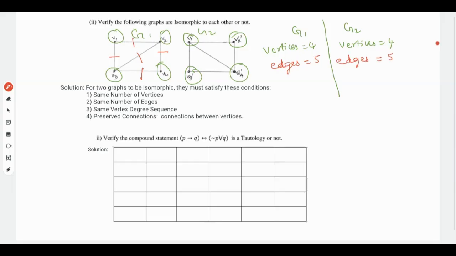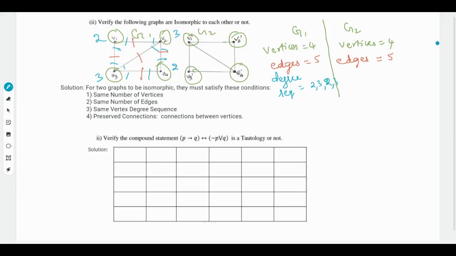Then we go with the degree. What is the degree of this graph? Here it is 2, here it is 3, here 2, and here 3. So the degree sequence will be 2, 3, 2, 3.